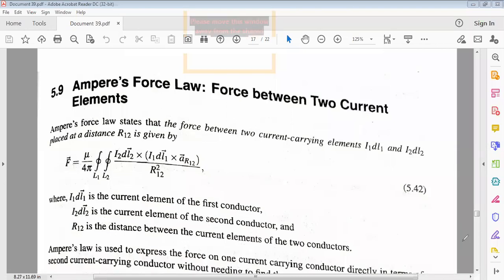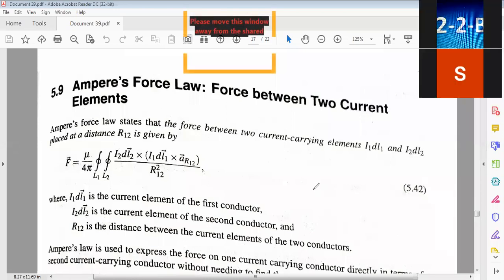Sorry, the Lorentz force equation, for static and magnetic fields, gives the total net force acting on the charge. So the next concept is Ampere's force law, the force between two current elements.